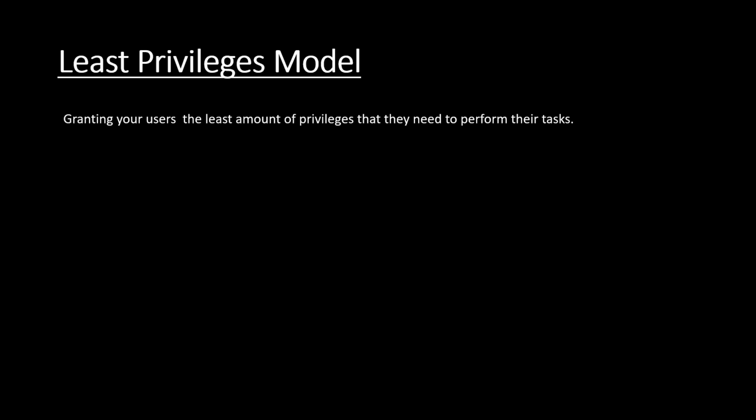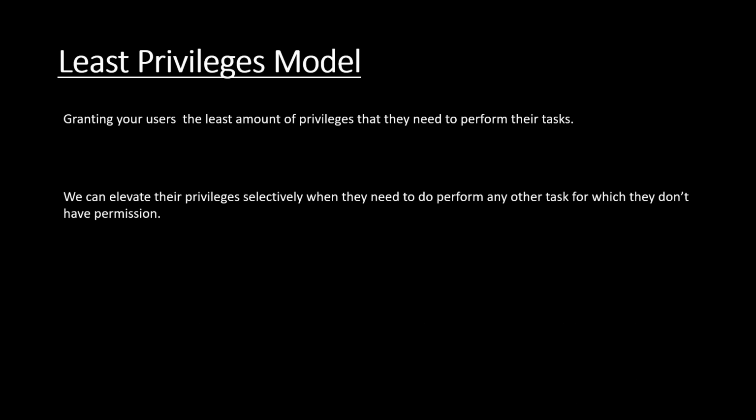Before going into the AssumeRole service or API, let us understand what the least privileges model is in AWS or in any other cloud provider. The least privileges model says that you grant your users the least amount of privileges that they need to perform their task.